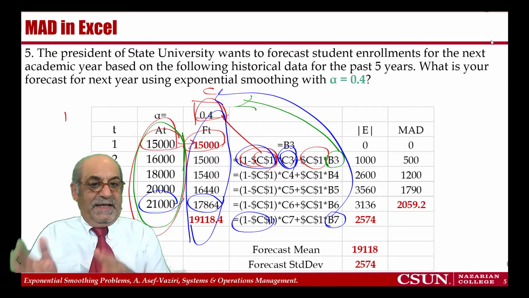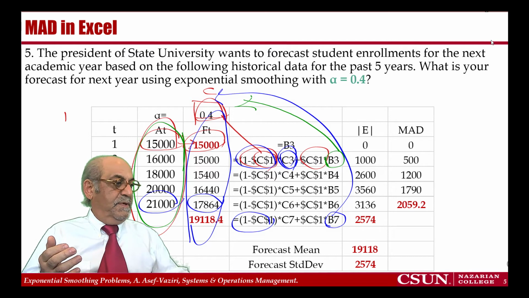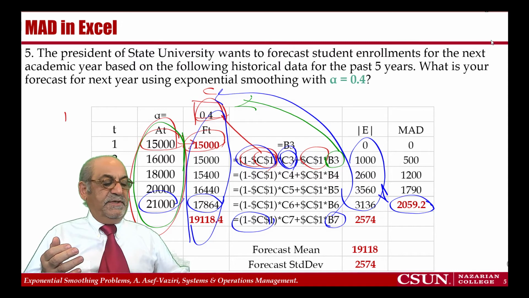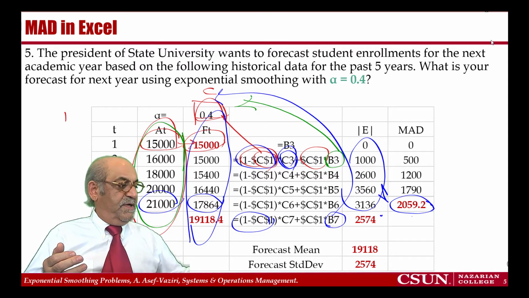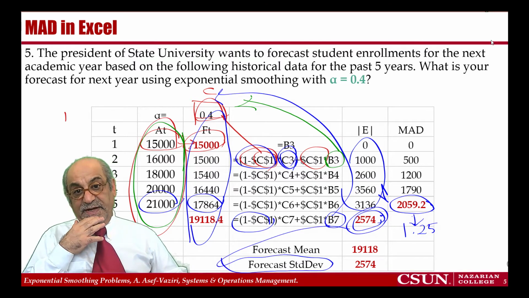Then we find A minus F, and then we compute the absolute value and put them here. And then this one is the average of all these numbers. And if we multiply this one by 1.25, that will become this one, which is the standard deviation of our forecast.